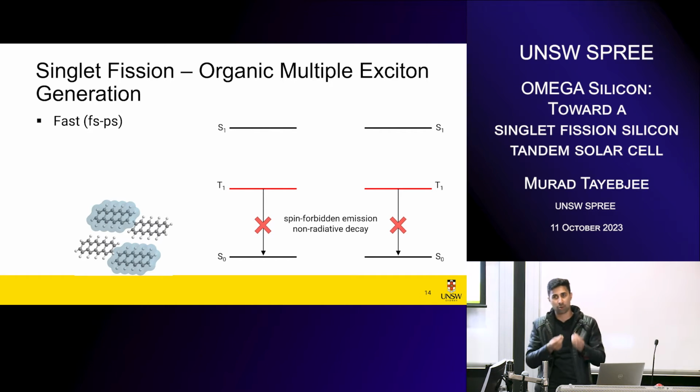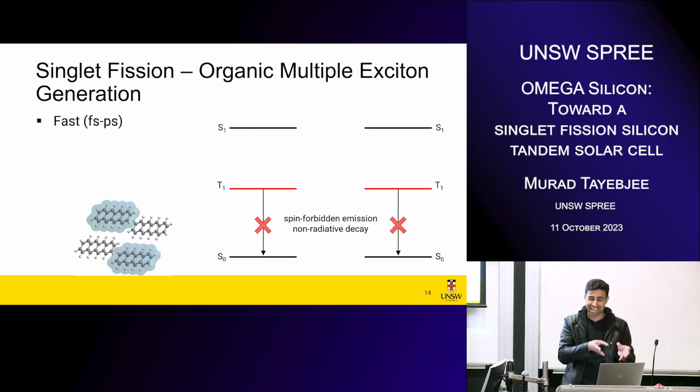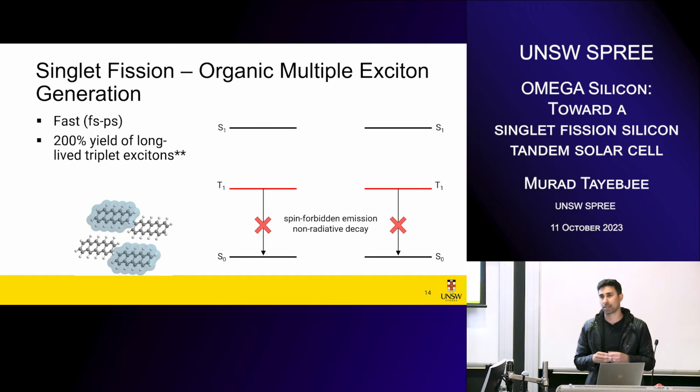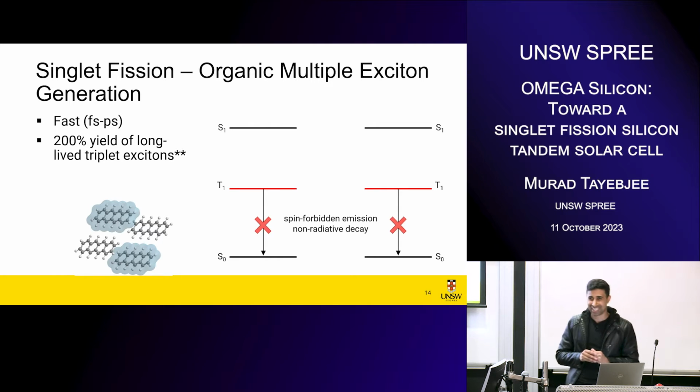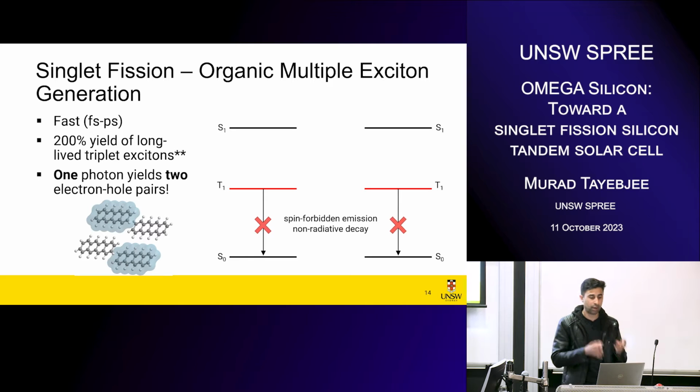So by playing around with the spin, we're able to get out these two excitons with, in many systems, 200% yield. Yeah? So we get 200% yield of these excitons of long-lived triplets. I've got two stars there because that is not always true, and we're going to talk about that later on. But there are many, many systems that do this. So the net thing is that we have one photon in and two electron hole pairs out.